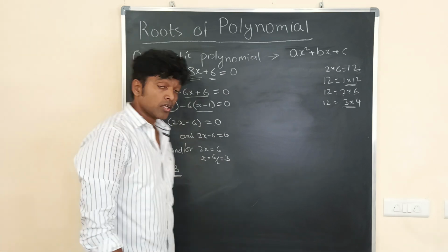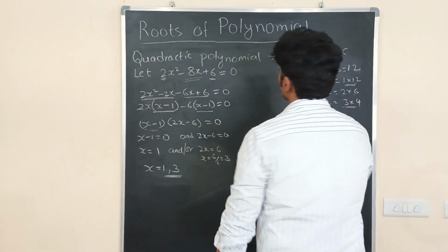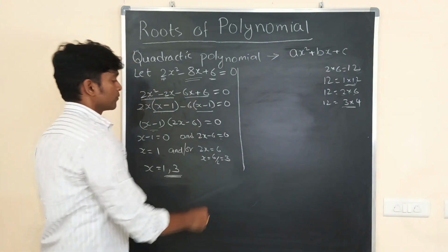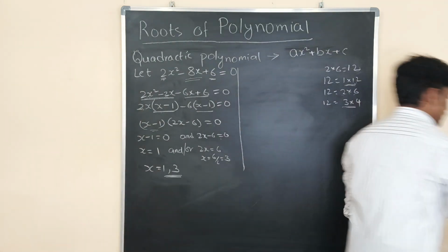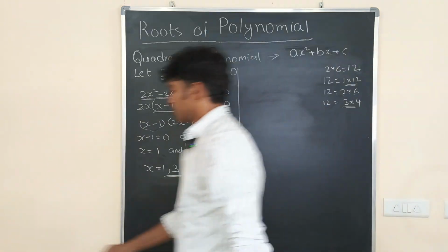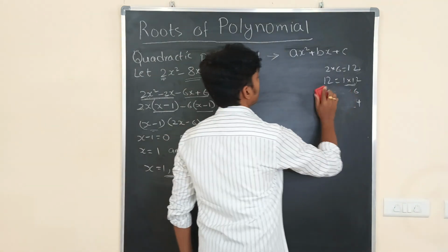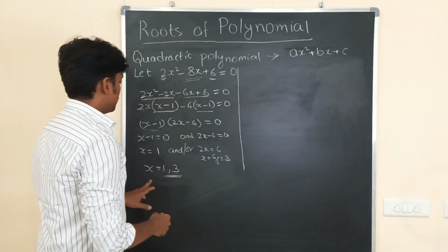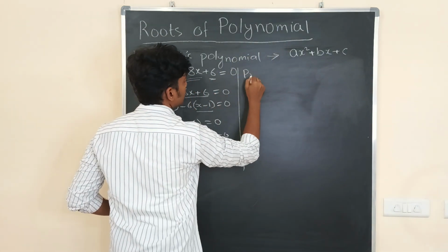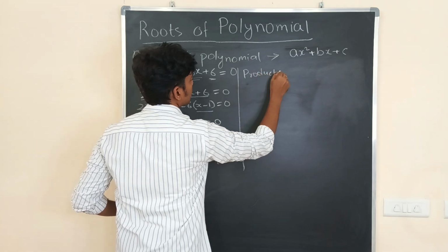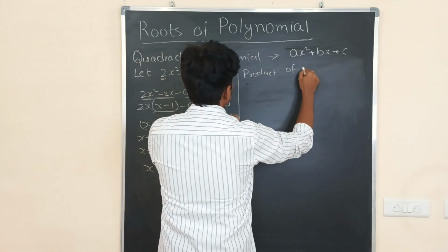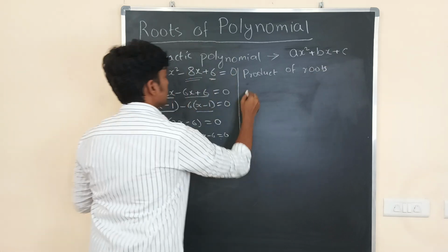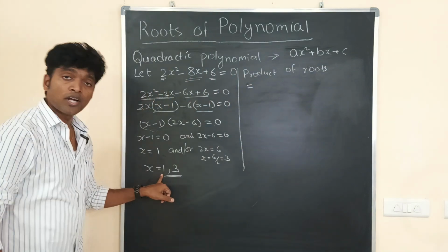These are the roots. Now the main thing is, what is the relationship between the roots? Now, the product of roots is equal to, what is it? The roots are 1 and 3.